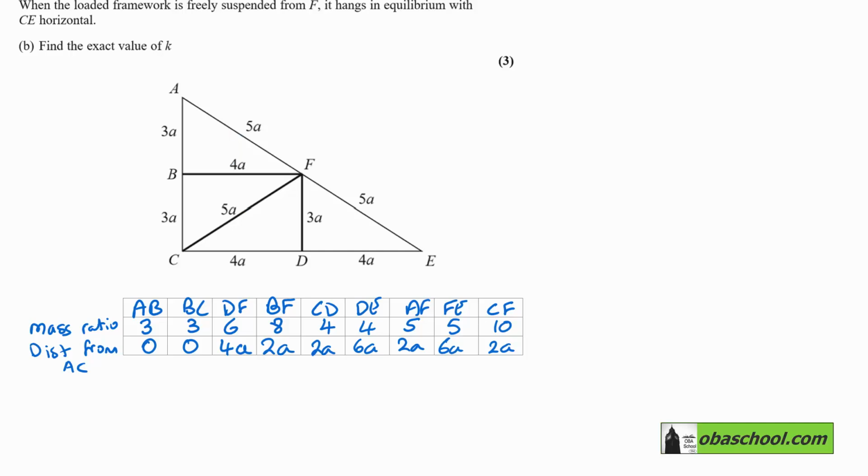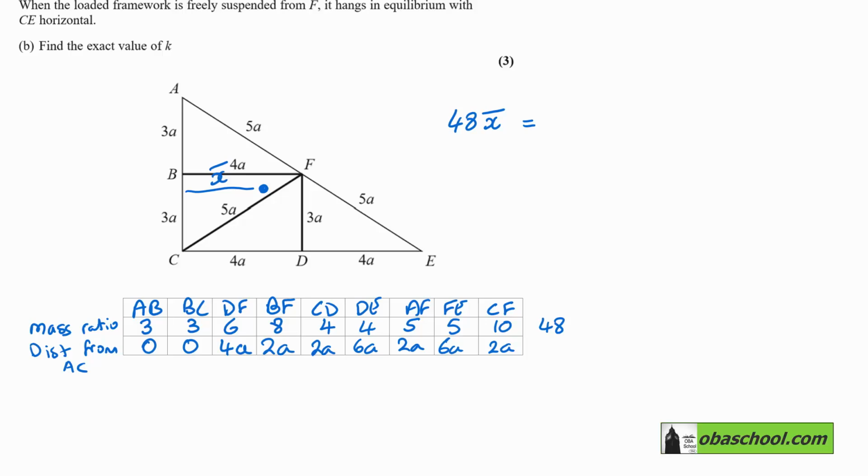Now what we can use is the fact that the sum of the moments is equal to the moment of the sums. So if we add up all of the masses, they come to 48. And we said that the center would be at a distance x bar, so we get 48 x bar as the moment of the sum.